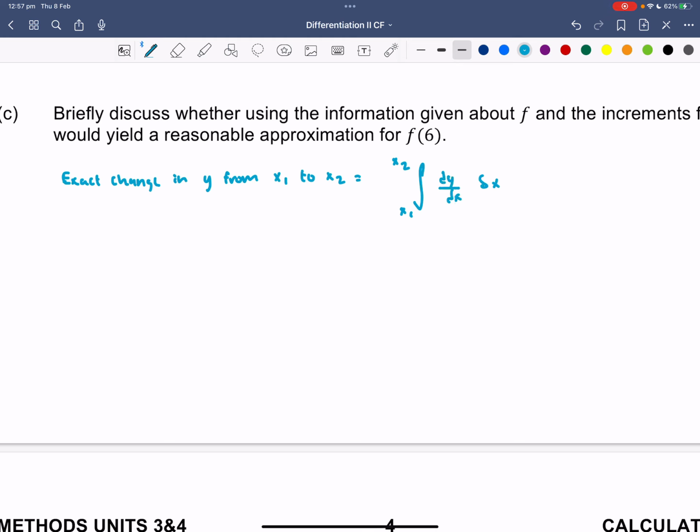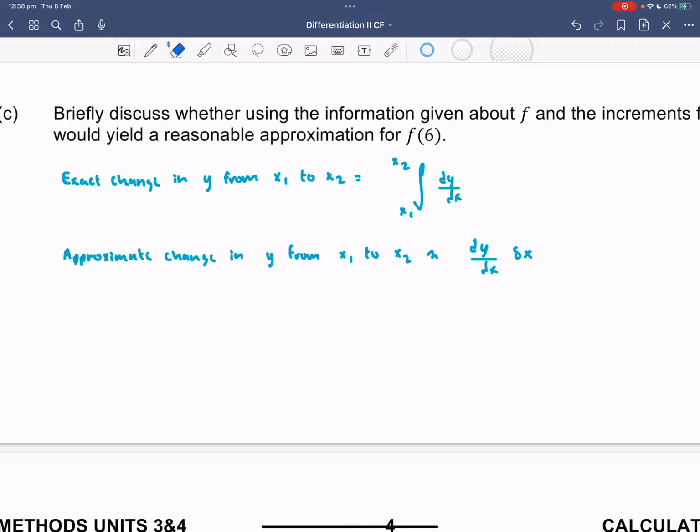That will give you the exact change in the y value, and it can be any change in the x value. You can have any x values here. However, if you want the approximate change in the y value from x1 to x2, it is approximately the formula that we've just been discussing, dy on dx times change in x, okay?